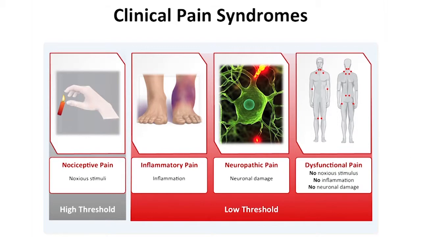And then finally, we have a group that has only relatively recently been recognized, and these are patients who are not exposed to a noxious stimulus, so they do not have nociceptive pain. They have no tissue damage or inflammation, so they do not have inflammatory pain, and there is no detectable damage to the nervous system. And instead, these patients seem to have an abnormal functioning of the nervous system, and this is why we call this group of patients as having dysfunctional pain.